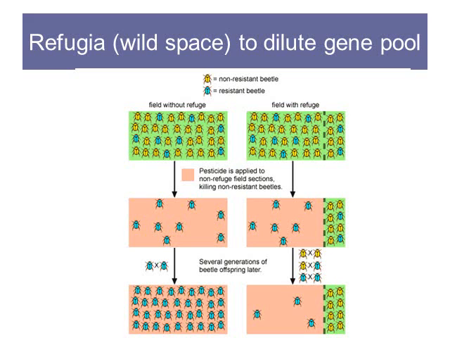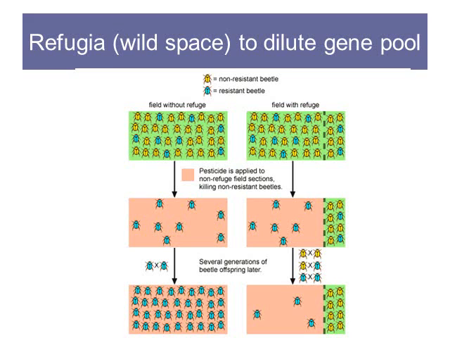If you have a bunch of vulnerable populations that are not being hit because you're only spraying a targeted area on your field and you're not spraying any of the bushes, then when the resistant pests come, they breed both with each other and with the ones that are in the refuge, which dilutes their gene pool. They're breeding with non-resistant ones, which means that they're not going to pass on the resistance gene as much.